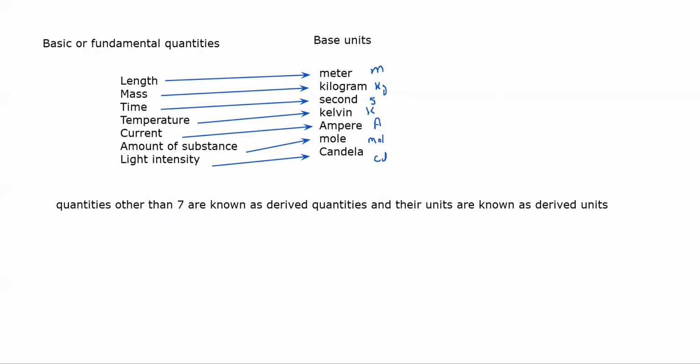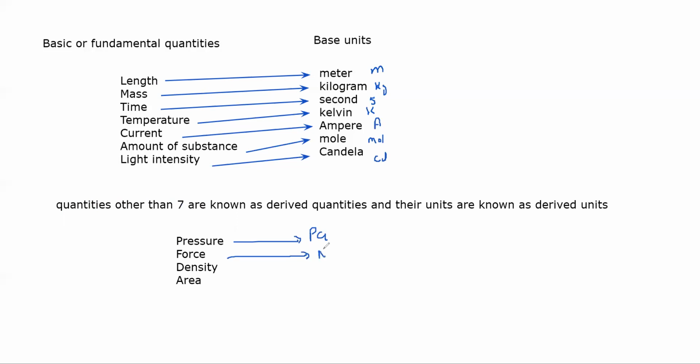For example, if I write pressure, that's a derived quantity. If I write force, that's a derived quantity. If I write density, that's a derived quantity. If I write area, that is also derived because it's a product of length and width. It's not a base quantity. And their units are known as derived units. For example, pressure is Pascal, so Pascal is a derived unit.